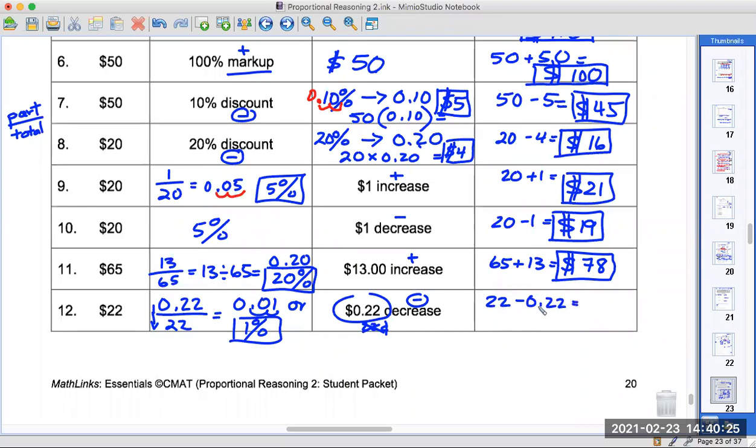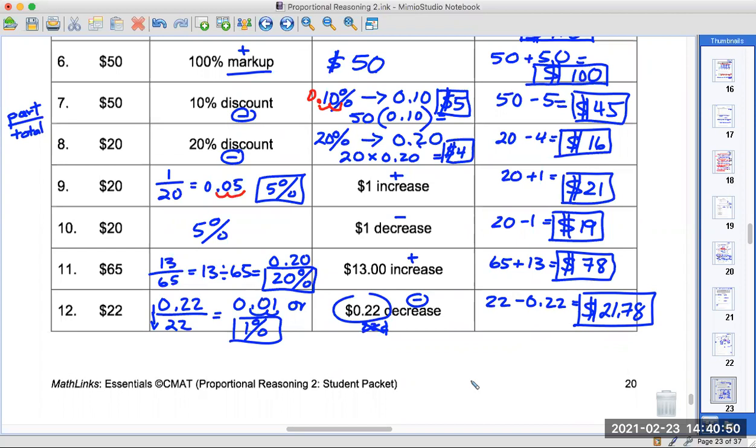And this is another good exercise to put in your calculator, 22 minus 0.22, and you should get $21.78. Okay, so this was a little lesson on markup and discount and the percent.